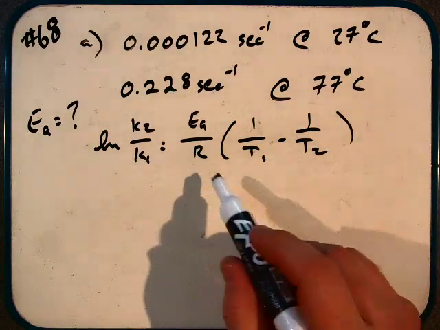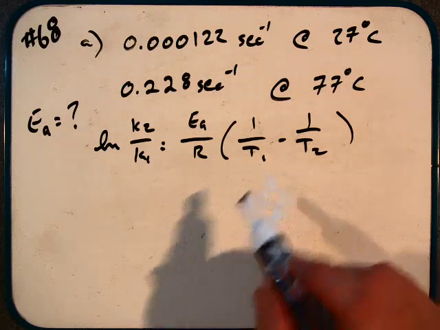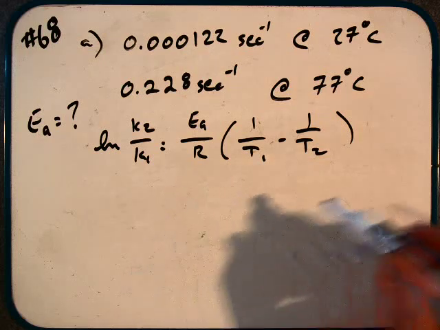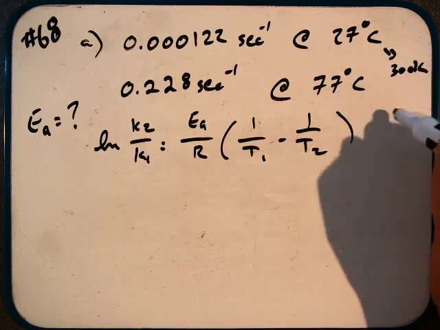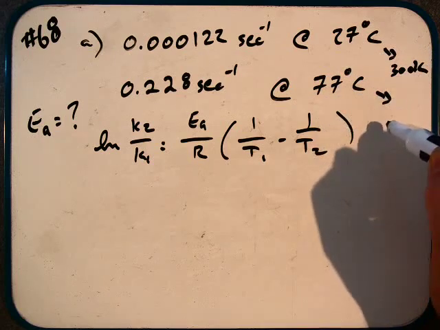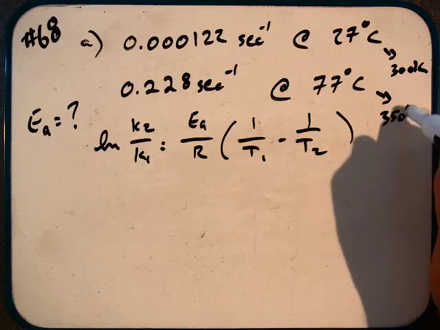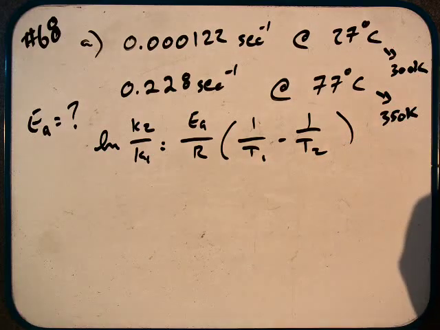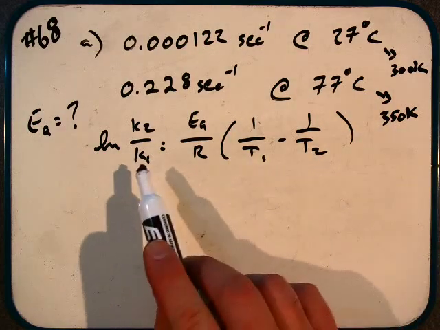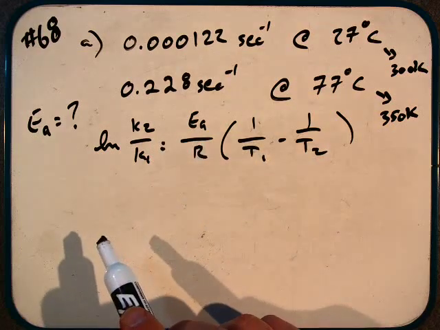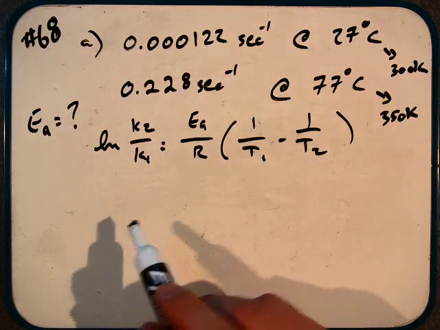Our R value is in joules per mole Kelvin, so that means our temperatures need to be in Kelvin as well. That means that this is 300 Kelvin, and our 77 would be 350 Kelvin. So we need those temperatures to be in Kelvin. This is pretty much a plug and chug. We have our temperatures, our Ks, we just want to solve for our activation energy.